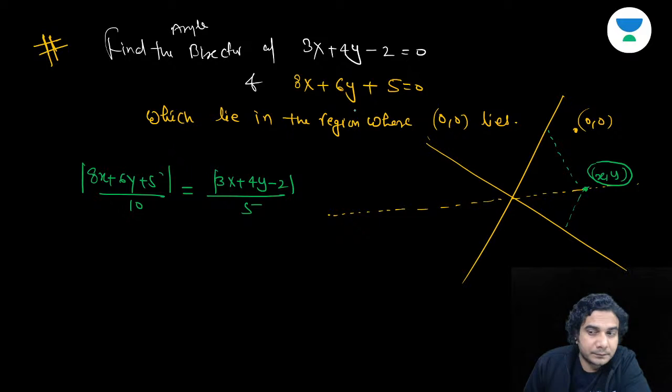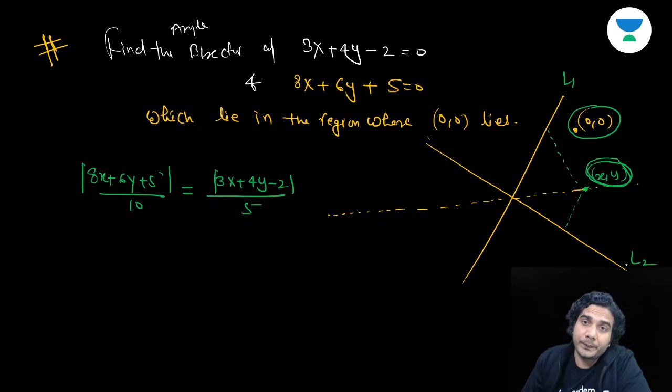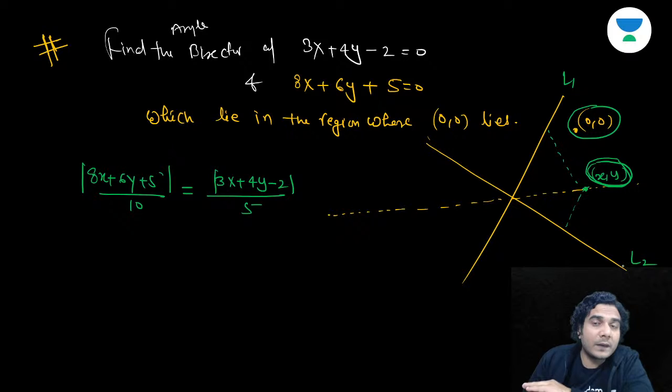Now see, for the bisector which lies in the region where origin lies, both this 0, 0 and this point x comma y will lie on the same side of line L1 as well as the same side of line L2.